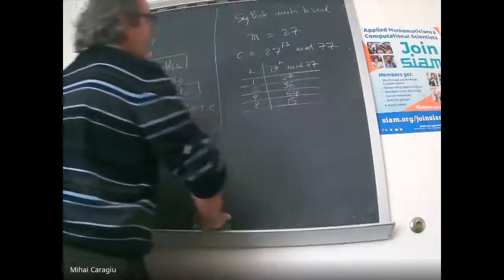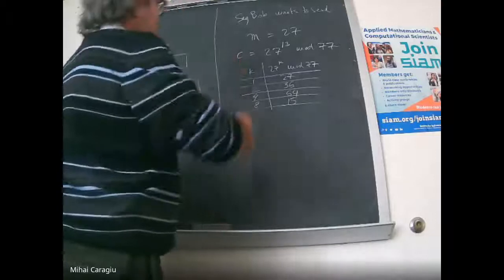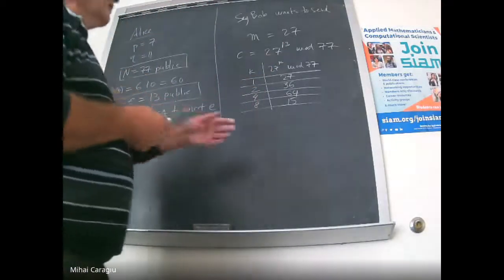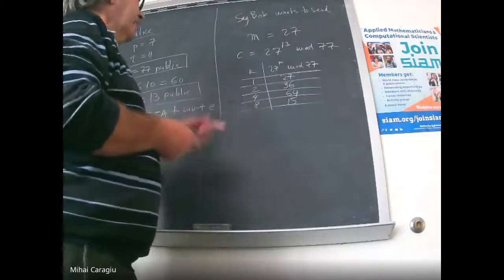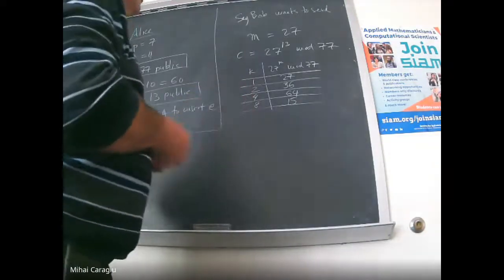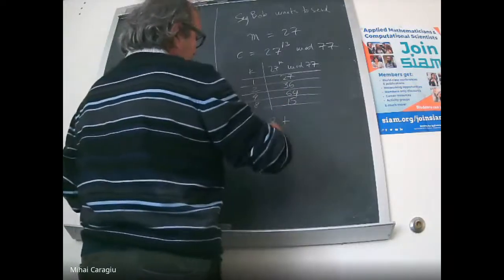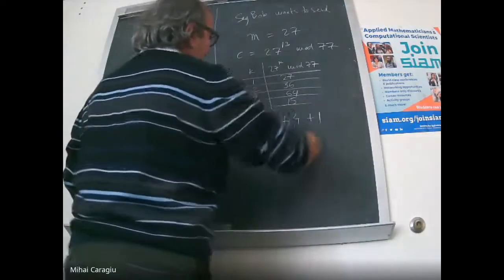Then for raising to the power 13, we have to write 13 in base 2. That amounts to a greedy algorithm: express 13 as a sum of items in this column of 1, 2, 4, 8. So 13 equals 8 plus, what's left is 5, plus 4 plus 1.